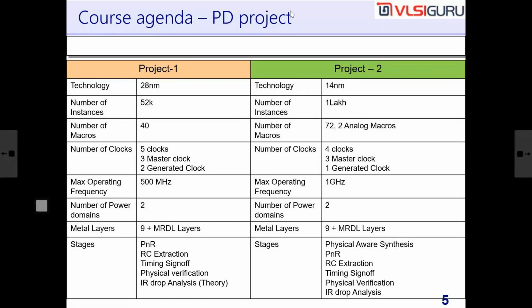These are the project specifications that we use. One project is done with the help of a mentor, and the other project is given to you to do after the course, if you're willing. The first project is a complete flow of physical design that we will take you through in the lab session. The second project you have to do on your own. So we are doing two projects. This is about the project specification.